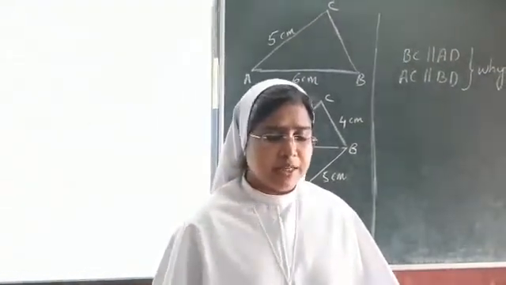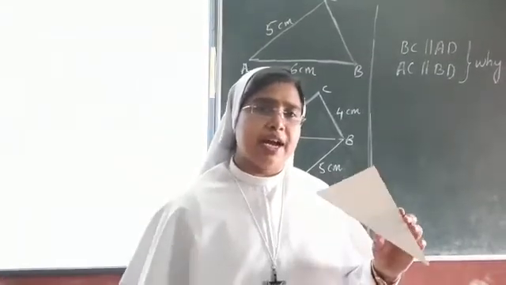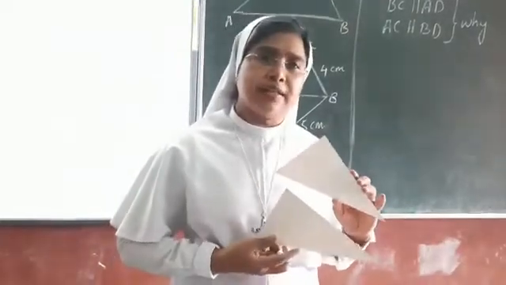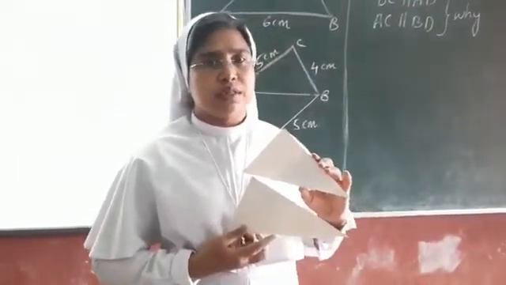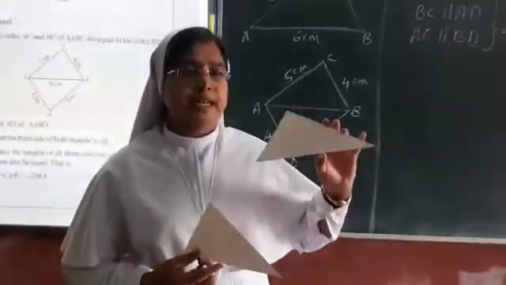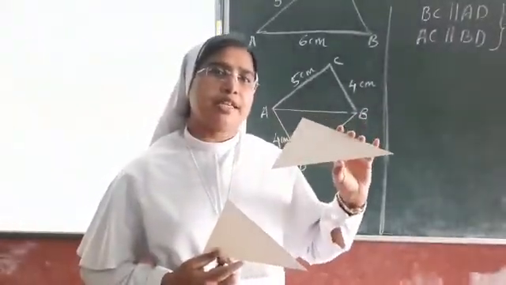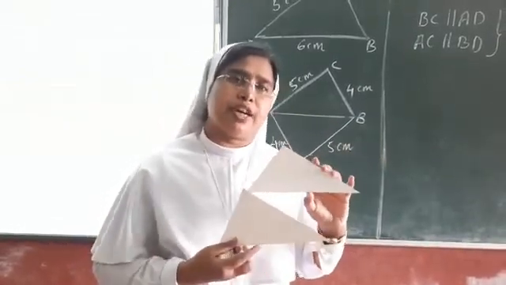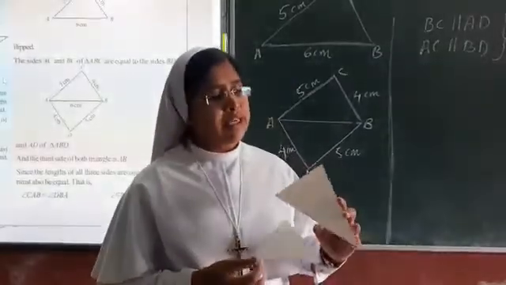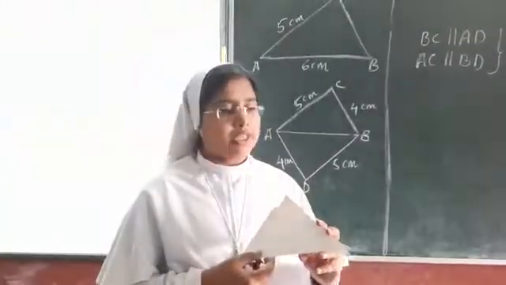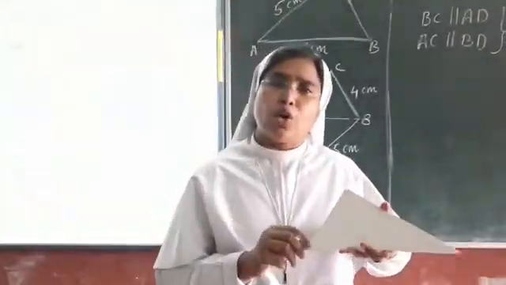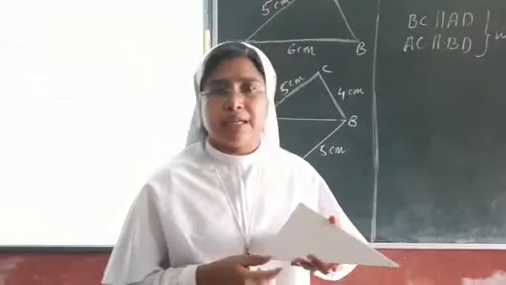We said that if the sides of a triangle are equal to the sides of another triangle, then the triangles are equal and their angles are also equal. This is said by Euclid, the mathematician. He says that these two triangles are congruent. Congruent simply means they are equal.